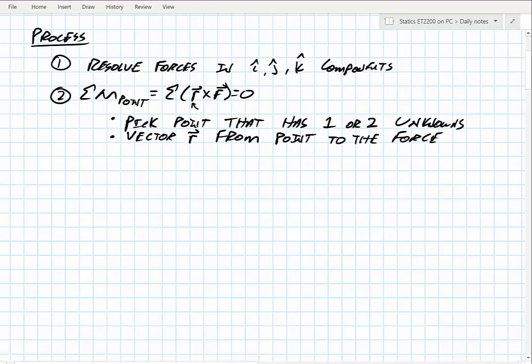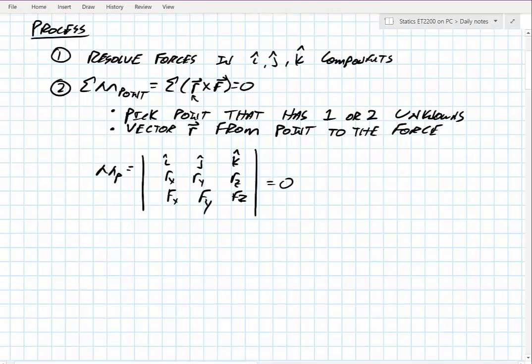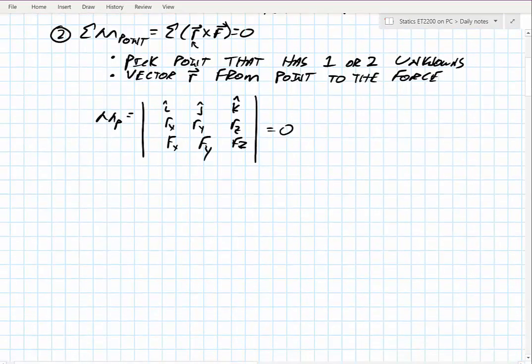You'll see that in an example in case you don't know what I'm talking about. When we do our moment about a point, we end up with this whole matrix that we've seen before. We're setting this whole thing equal to 0, and then we're finding the determinant, expanding it out.